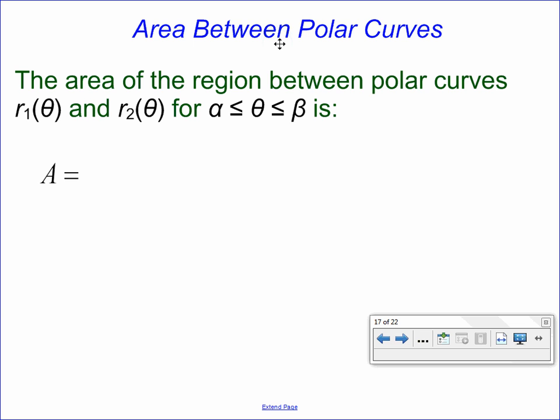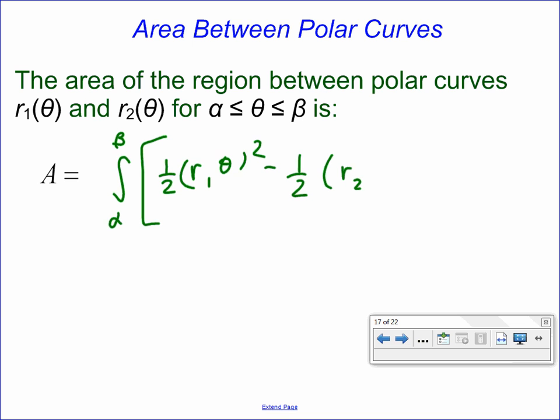If we were going to painstakingly write this out, we would have the integral from alpha to beta of 1/2 r1 theta squared minus 1/2 r sub 2 theta squared.